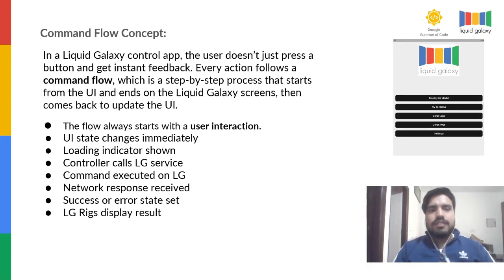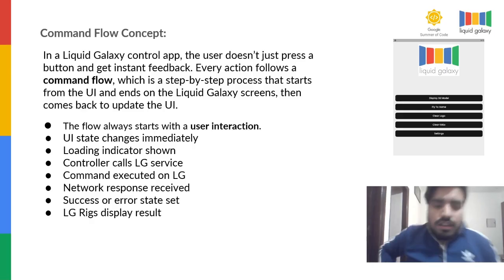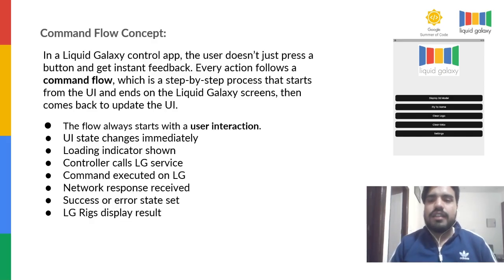So now let's understand how a command flows in our application. Here I again take the example of the Liquid Galaxy controller app, in which firstly you have to send a logo to the Liquid Galaxy. So how does this command flow from our Flutter app and then execute on the Liquid Galaxy rig?